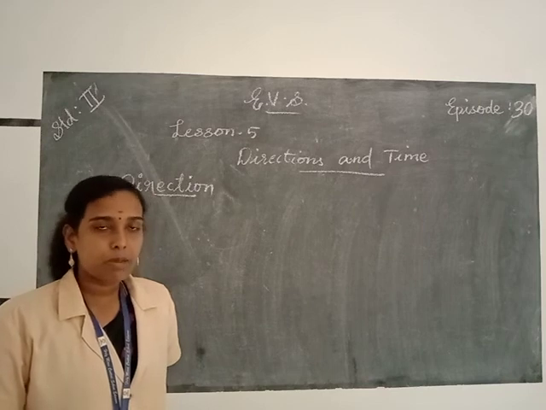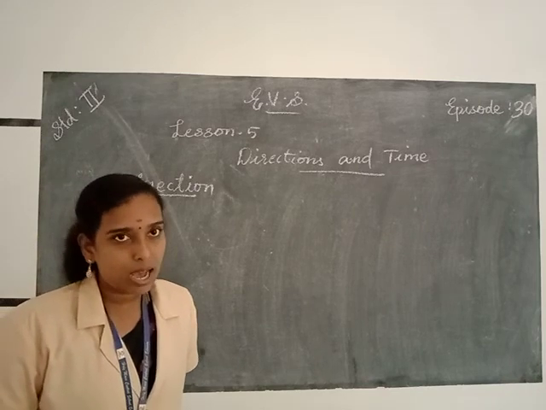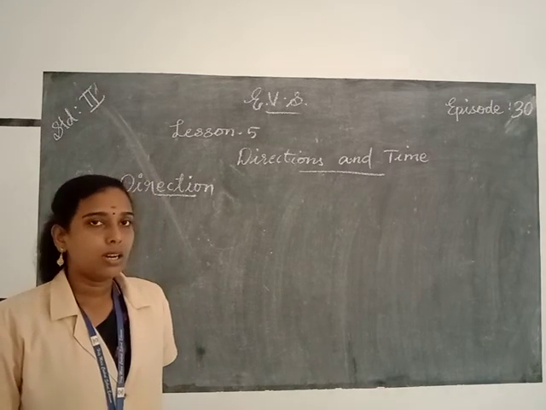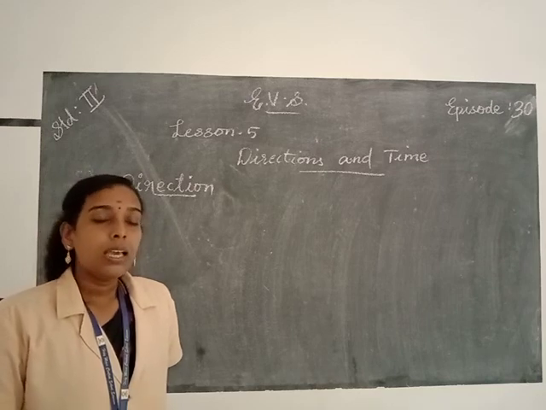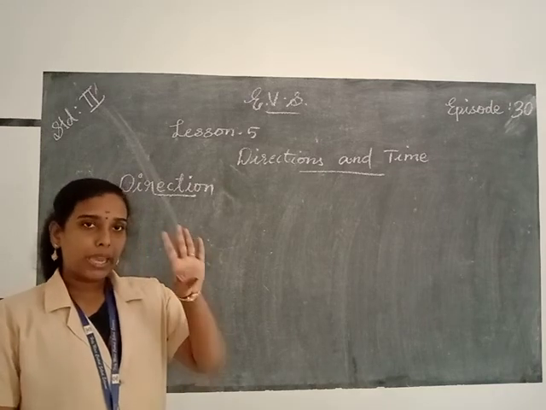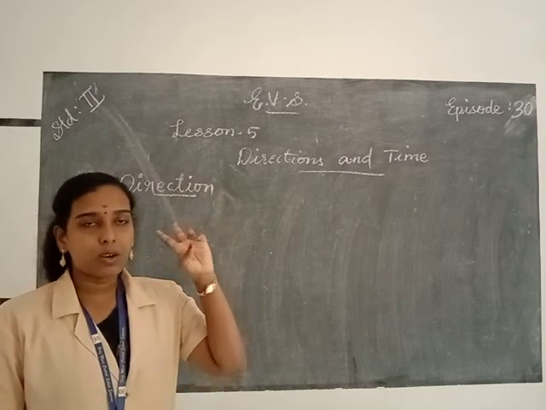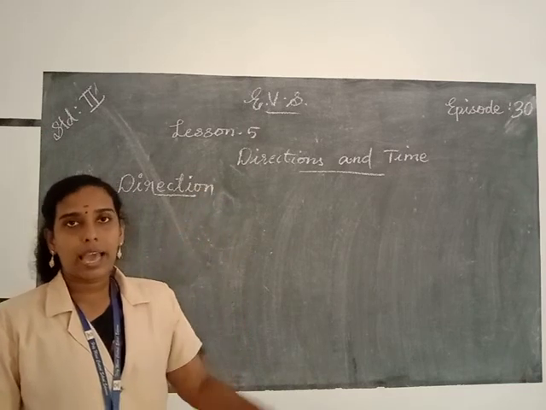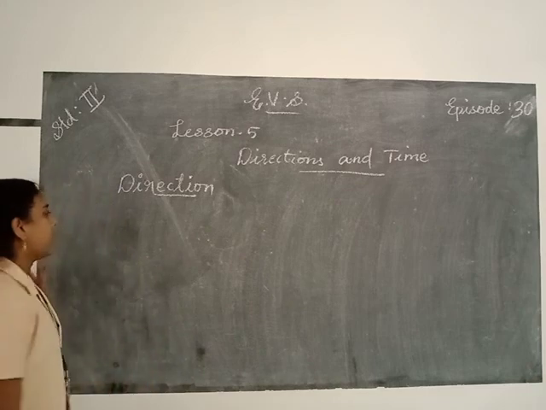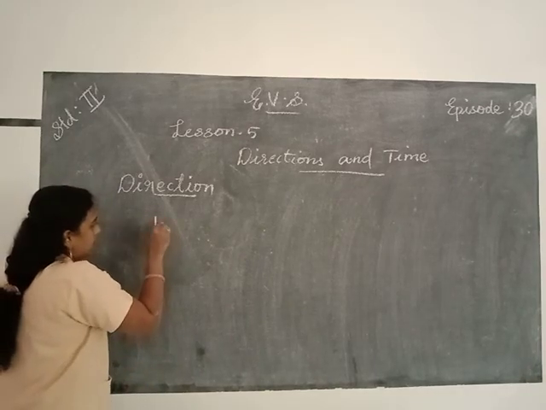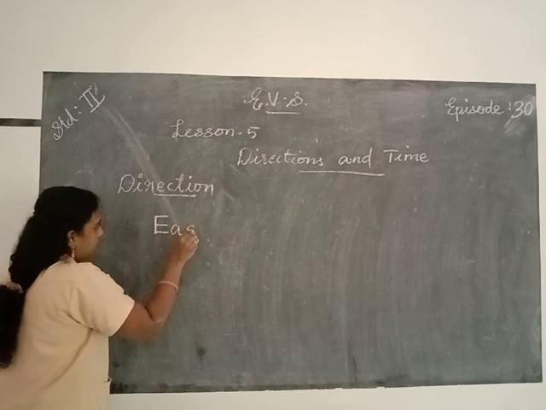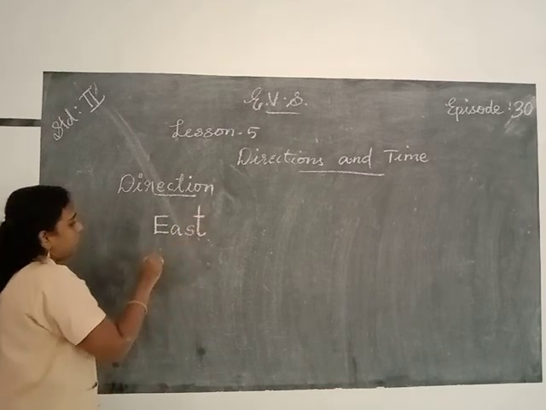The relative directions are front, back, left and right, and they display the position of things around us. Then there are 4 main directions: east, west, north and south. So which are the 4 main directions? East, E-A-S-T, east.